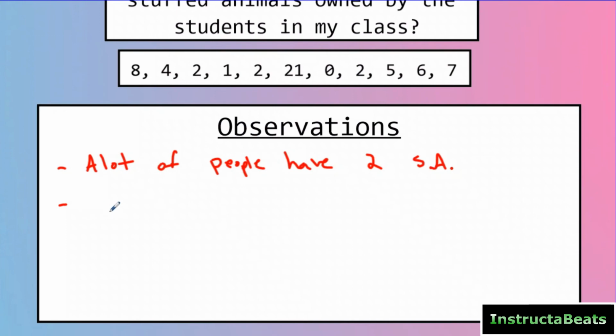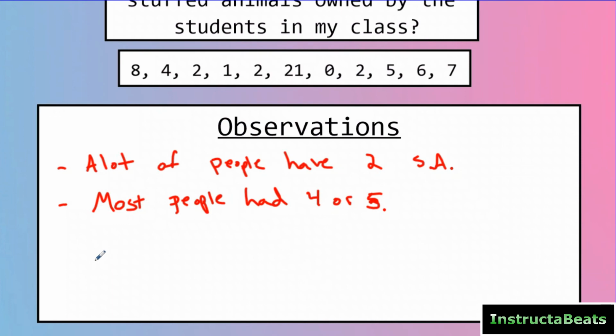Maybe another one is that most people had 4 or 5, so 4 or 5 is about normal, about average. The way we know that is because our mean was a little over 5 and our mode was 4. So it shows us that the center of our data is around 4 or 5.